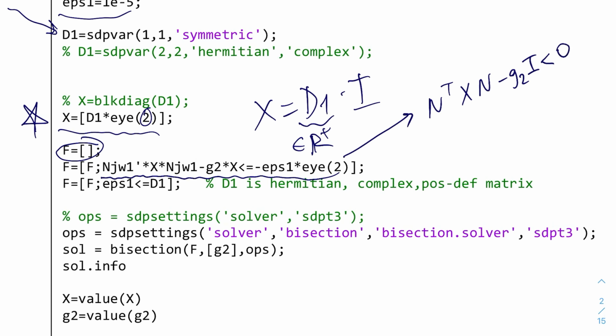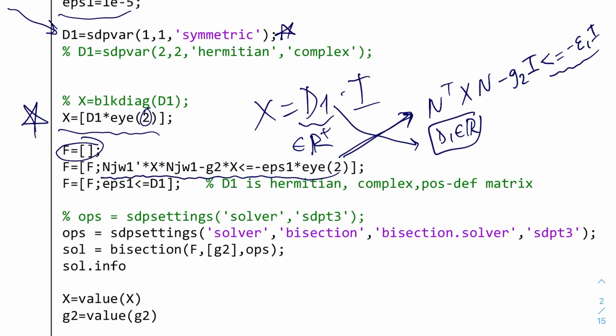Since we cannot say less than 0, we would like to say less than or equal to minus epsilon 1 identity, because we want to impose the negativity constraints. And this is exactly the same thing, right? If you check that, this is exactly the same thing. But we also have that constraint where D1 is in real, and we impose that by using that line.